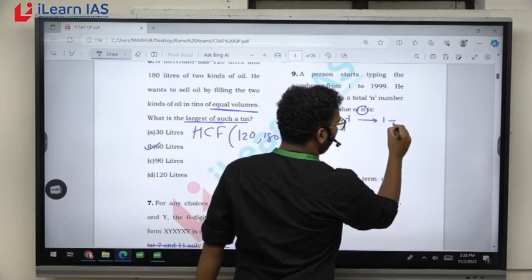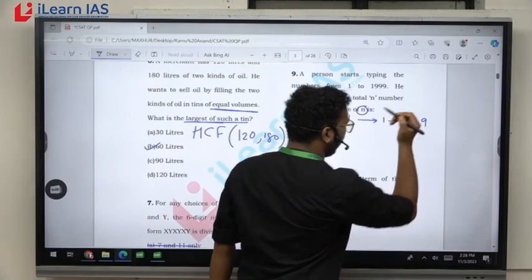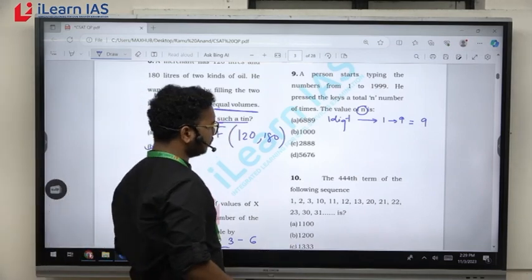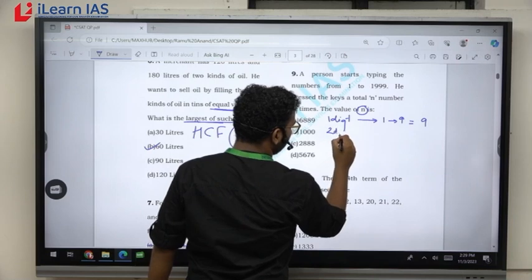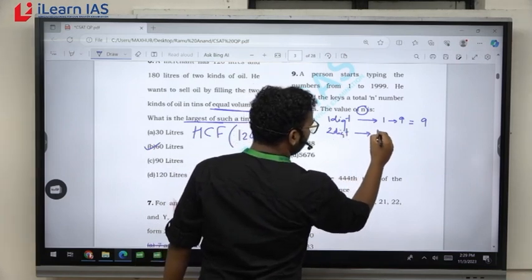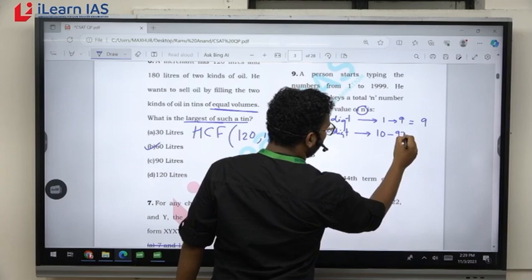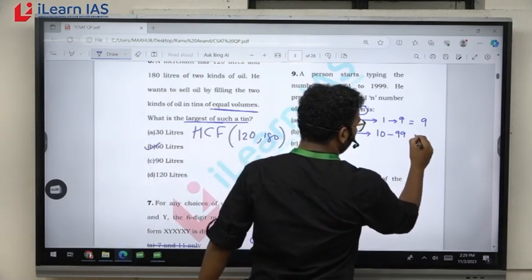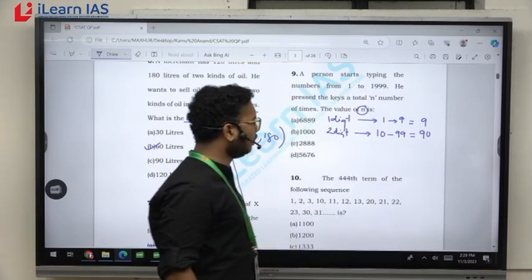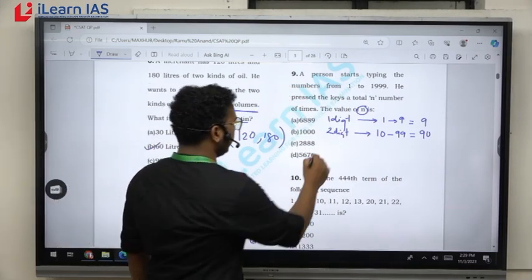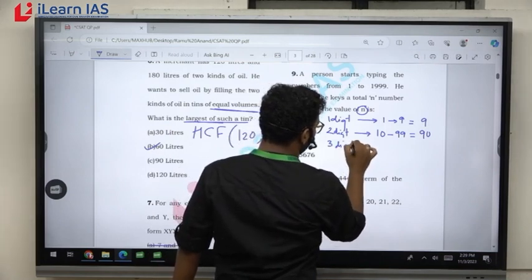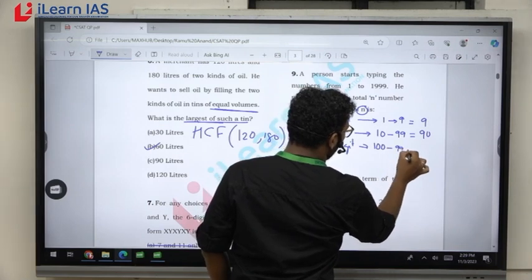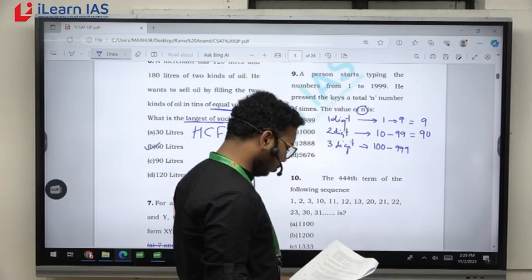1 digit numbers is 1 to 9, that is 9 numbers. Now 2 digit numbers, 10 to 99. We have 90 numbers. 3 digit numbers, we have 100 to 999.